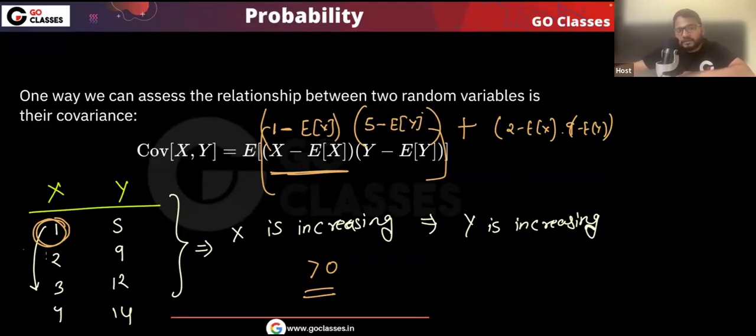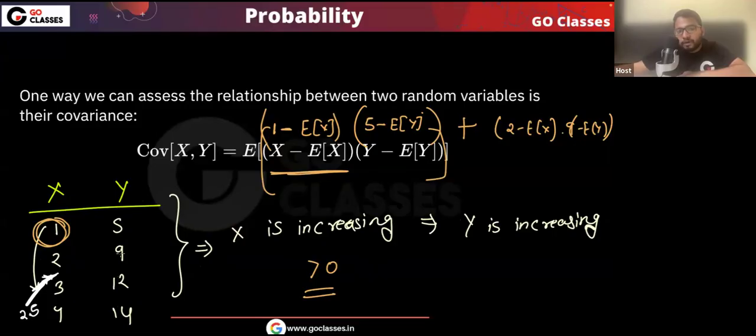Tell me what is E[x]? E[x] is some average, right? That average will be 4 plus 3, 7, plus 2, 9, and 1, 10, divided by, sorry, divided by 4. 10 divided by 4 is 2.5, right? So the average is somewhere here, 2.5. Now let's see the average of y.